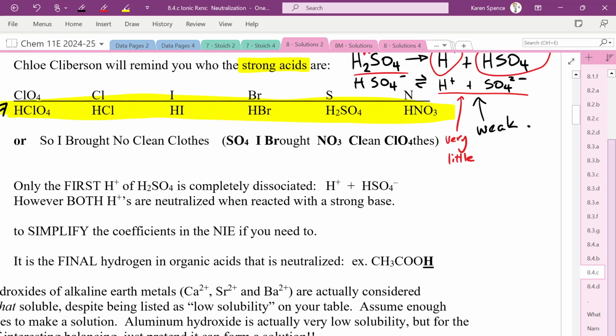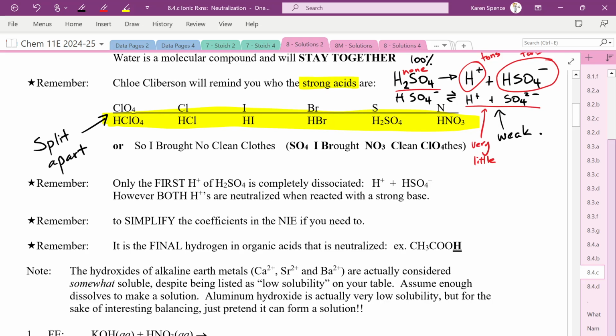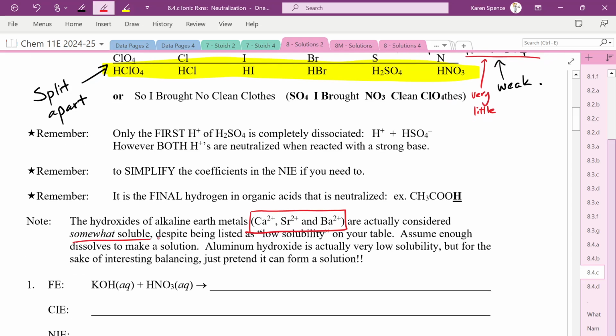All right. Things to remember. Calcium, strontium, and barium are actually considered somewhat soluble despite being listed as low solubility on your table.